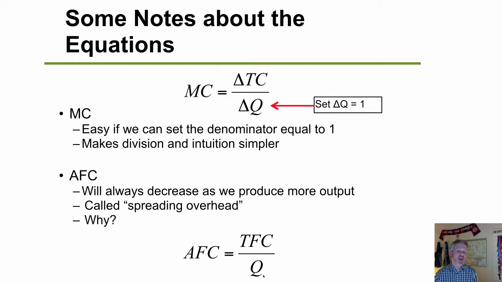So as we keep adding more to Q, the denominator gets bigger, but the numerator does not. We're producing more quantity with the same amount of fixed cost. When the denominator goes up and the numerator stays the same in a fraction, the total value of that expression goes down.